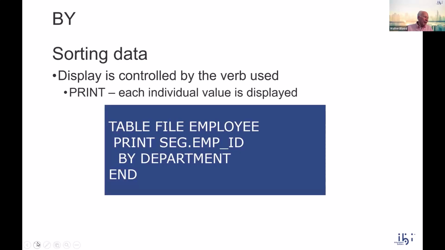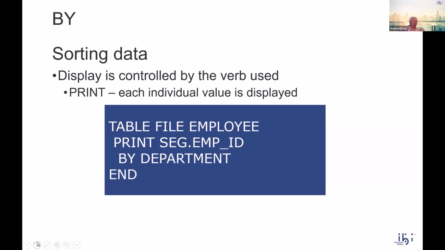It does basically two things. It sorts and it groups. Now, there are other things that it does that I'm not going to get into today. There are things that are actually very powerful that it does. But for right now, let's talk about what it does in terms of sorting.